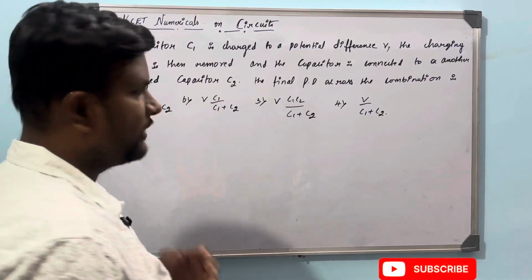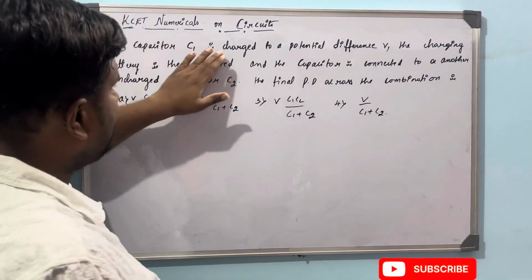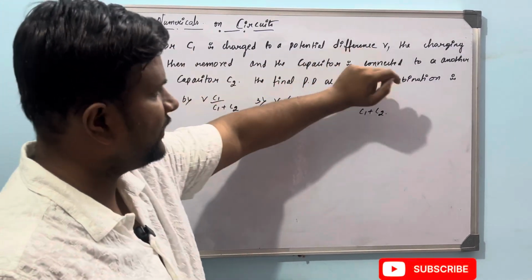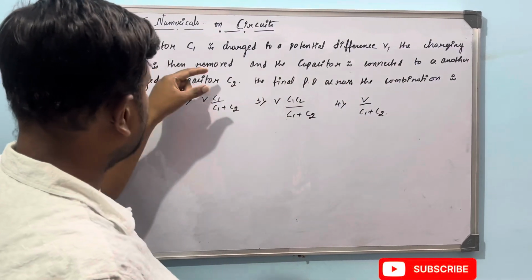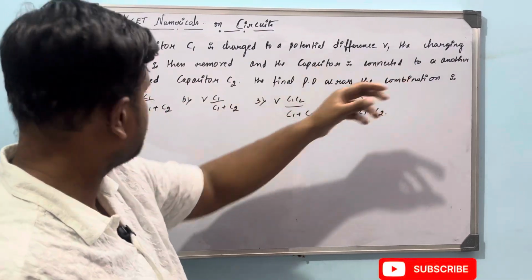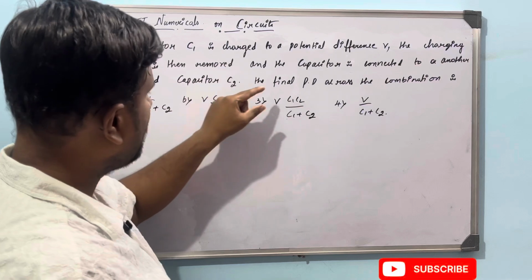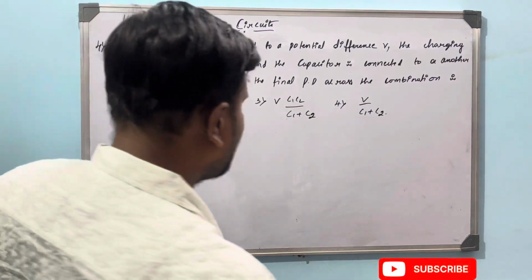So see now, the next numerical is: a capacitor C1 is charged to a potential difference V. The charging battery is then removed and the capacitor is connected to another uncharged capacitor C2. The final potential difference across the combination is, okay.